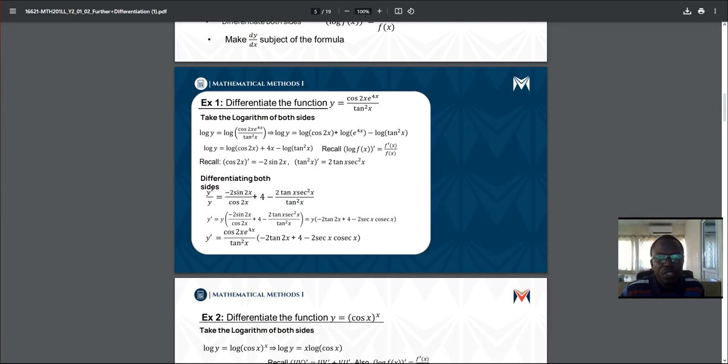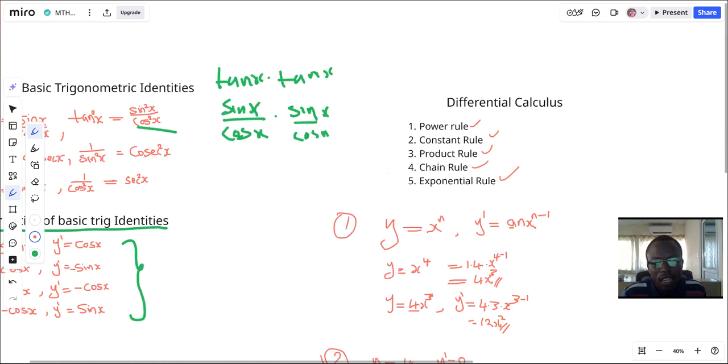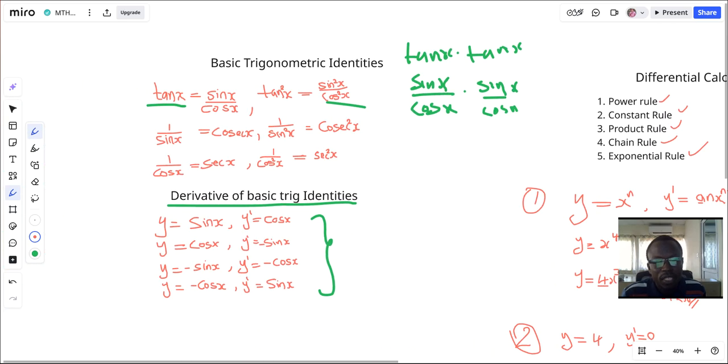Okay, the first example says find the derivative of, or differentiate, the function y is equal to cos 2x e power 4x divided by tan square x. If you can remember, tan x is equal to sin x over cos x.